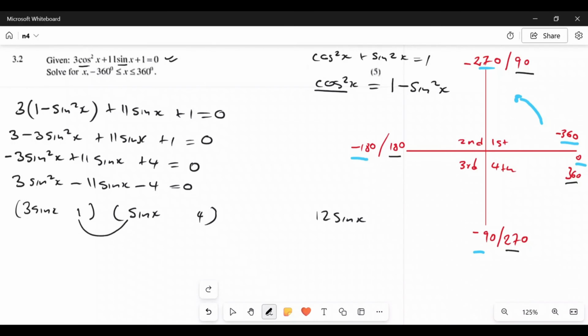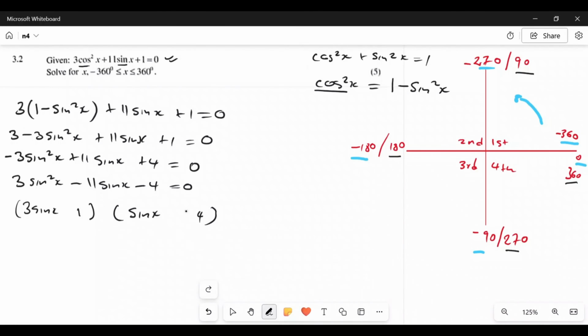If you multiply 1 with sine x, it's going to just give us sine x. Now, since we want to have 11 here, it means that this 12 is going to be negative. So 12 sine x minus sine x is going to give us negative 11 sine x, which is the one in the middle.